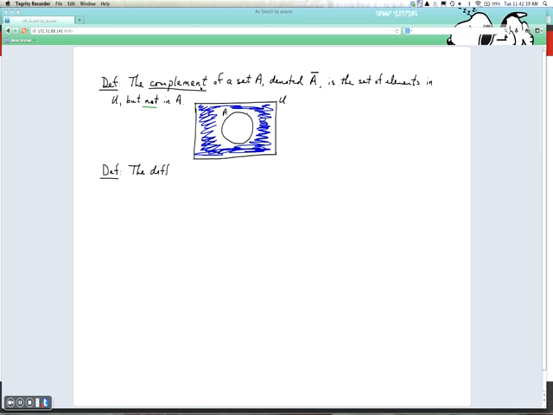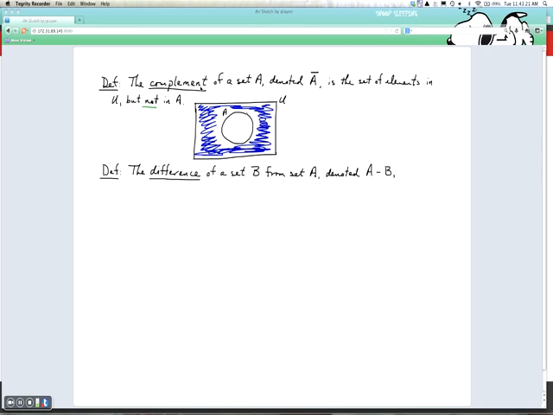The difference of a set B from set A. Denoted A minus B, and we just use the regular subtraction symbol.